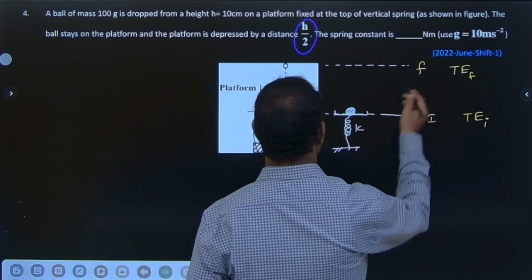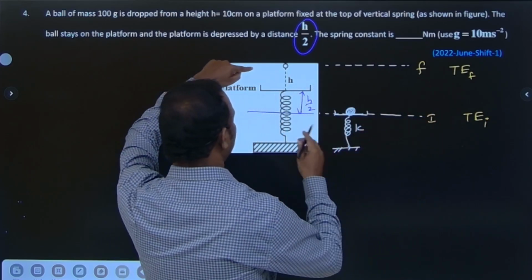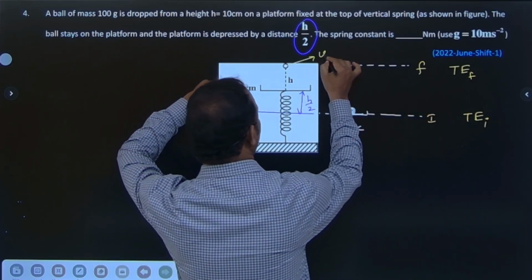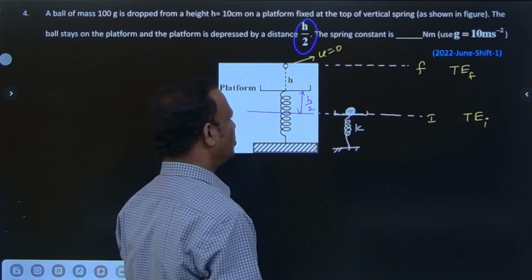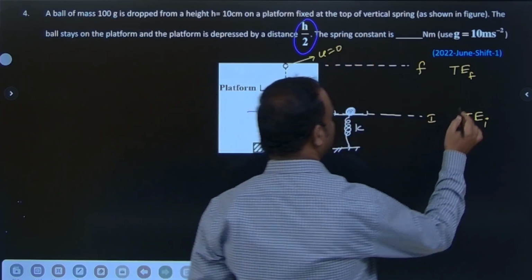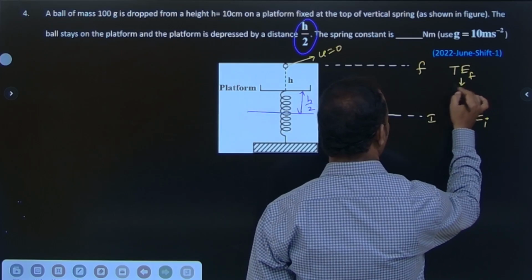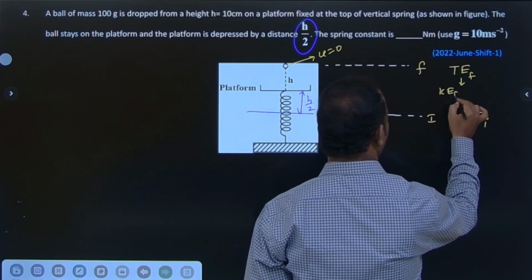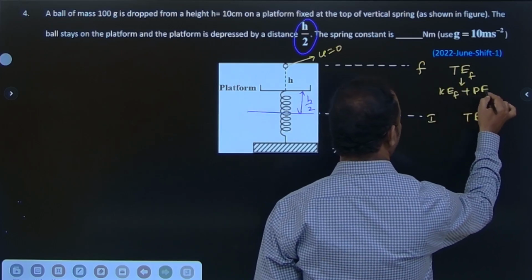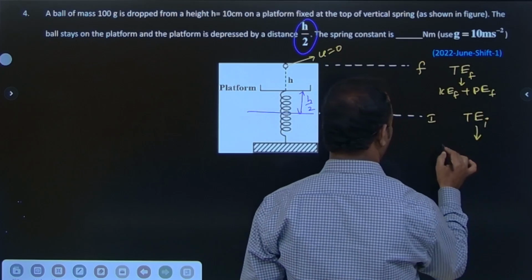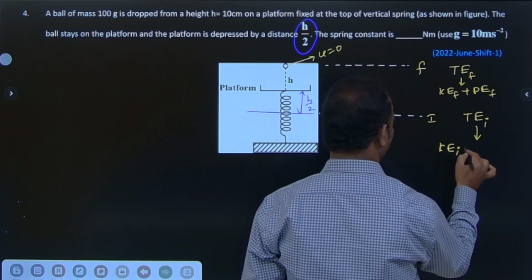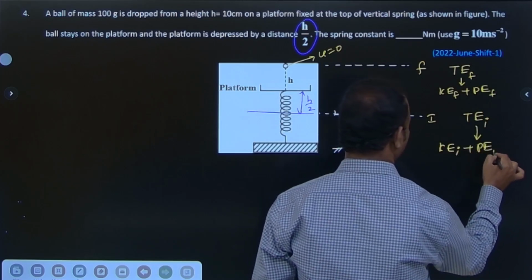So what is the total energy final? At this position, it came from here. What is the initial velocity? u is equal to 0. So I can write kinetic energy final plus potential energy final is equal to kinetic energy initial plus potential energy initial.